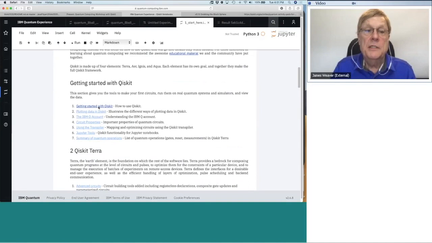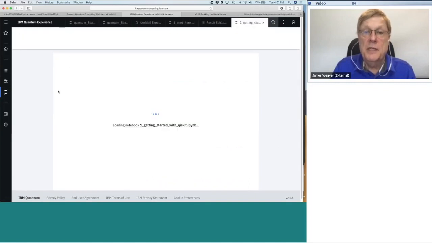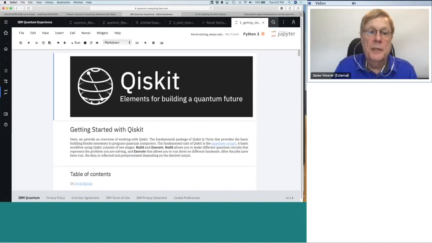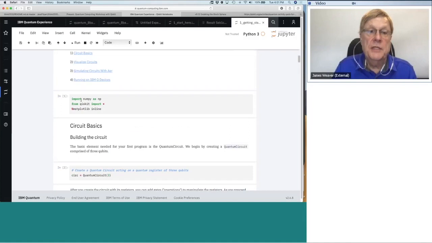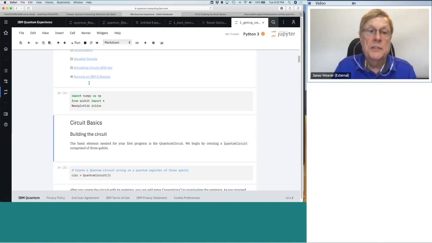And then here's a nice one on getting started with Qiskit, for example. You could go in and play with that notebook, and to play with the notebook, all you do is highlight a cell or just click on a cell, and you can either hit Control Enter or Run, and it'll run that cell. And then here we could study, well, what's that doing?